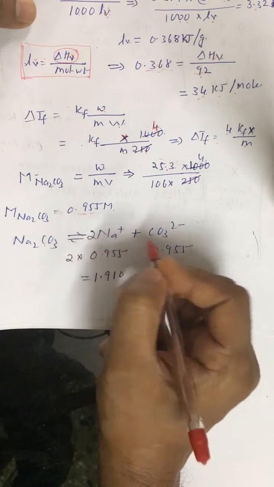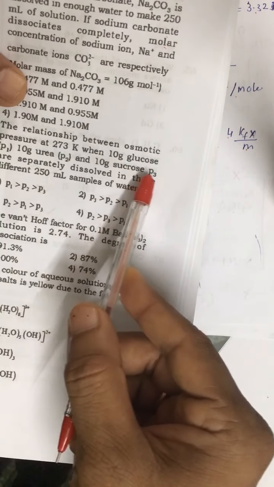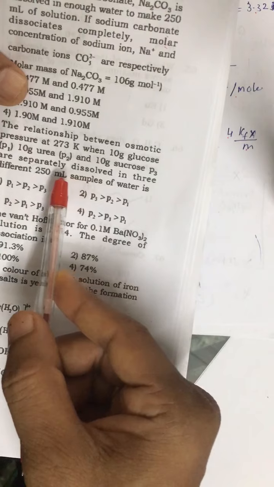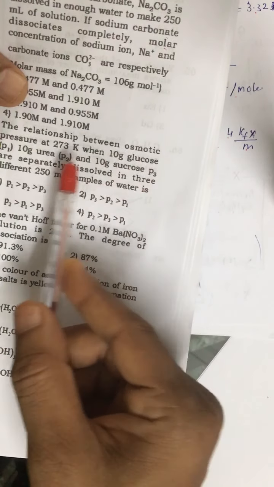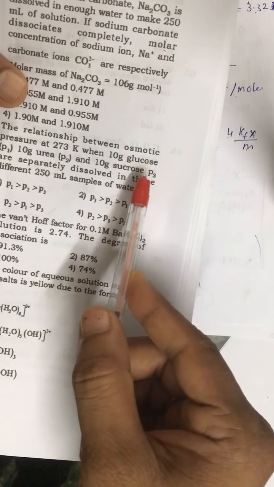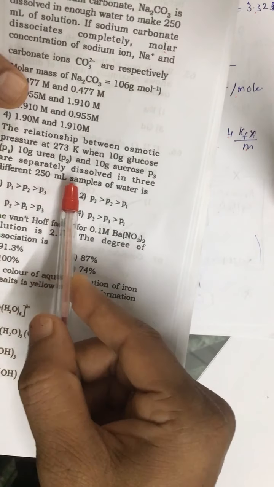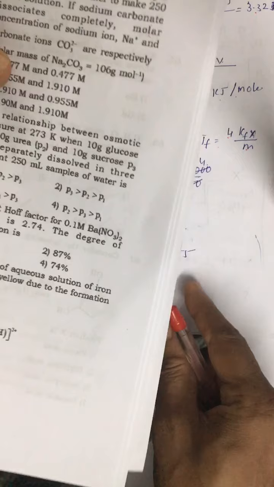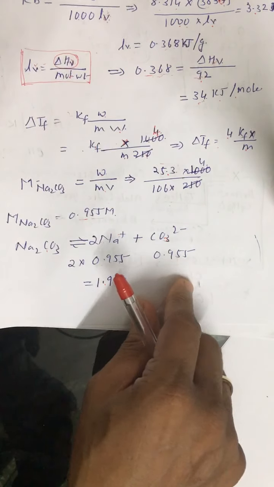Question number 60. We are given osmotic pressures of glucose, urea and sucrose, P1, P2 and P3. And it is mentioned that 10 gram each of these three are dissolved separately in 250 ml of solution. We have to compare P1, P2, P3. Again it is a very simple question.